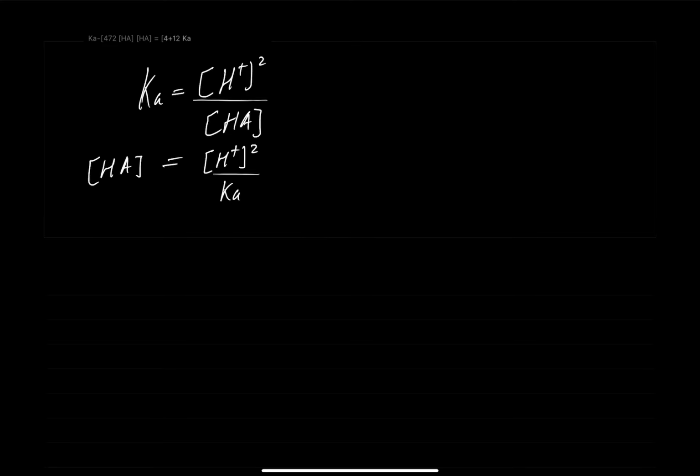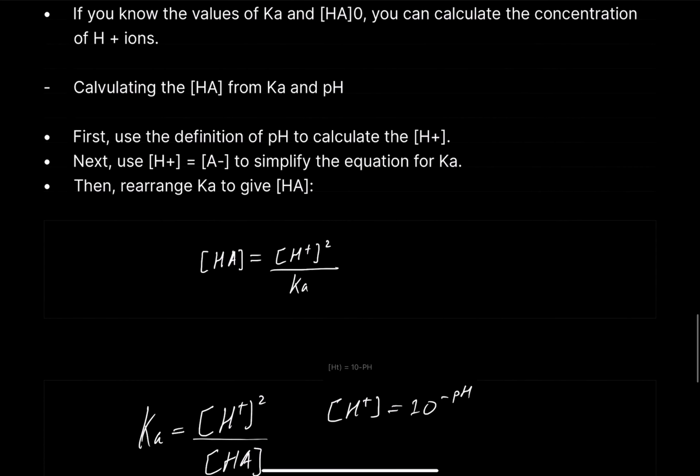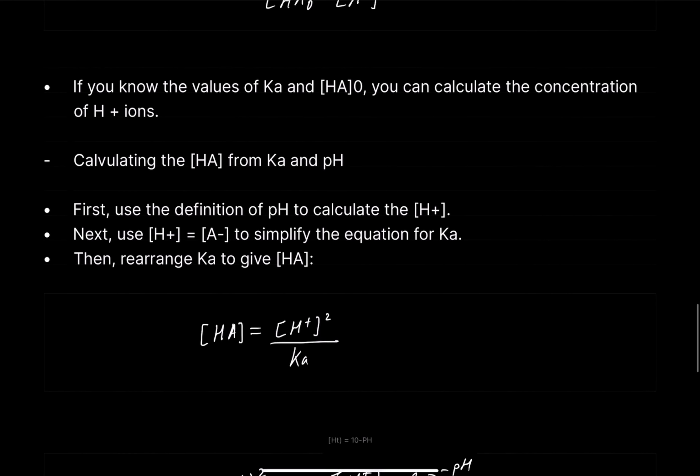Okay, I have been given Ka, but I haven't got H plus. But they've given me the pH. I remember that the H plus concentration is equal to 10 to the power of minus pH. Therefore, we've found our H plus concentration. We substitute our values in, and that's all it is. That's all that's happening here.